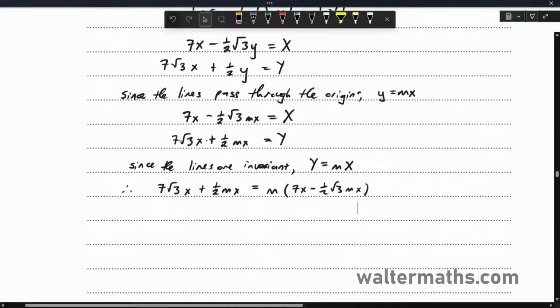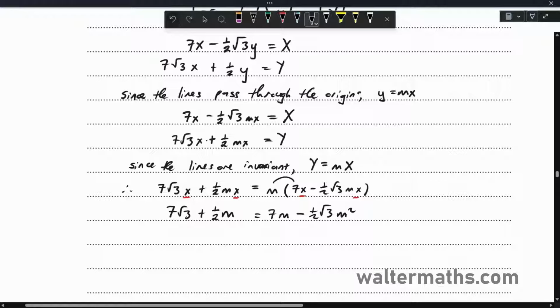Now all the terms are divisible by x, so we divide both sides by x, so that we have 7 root 3 plus half m is equal to, expanding the brackets, 7m minus half root 3 m squared.